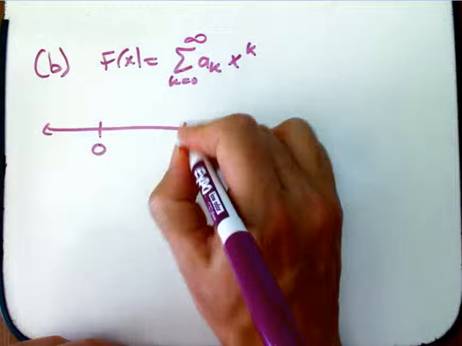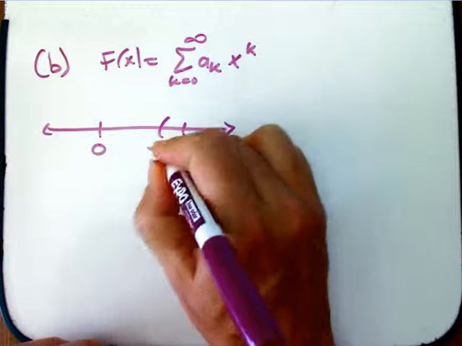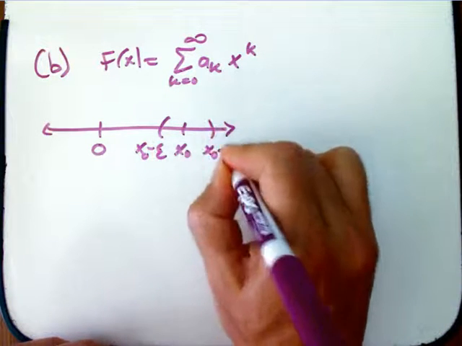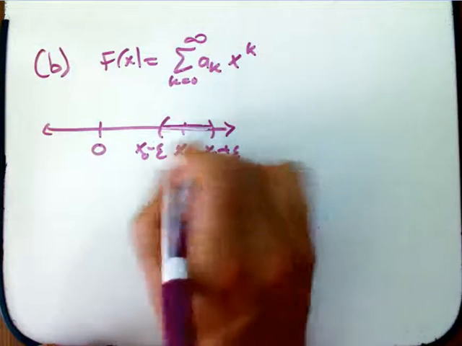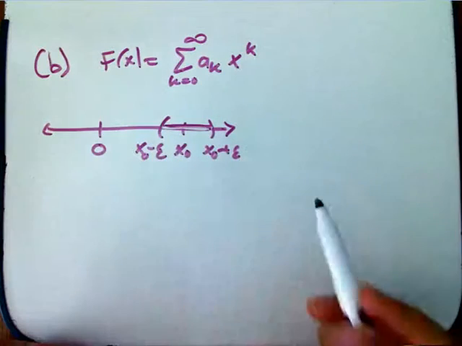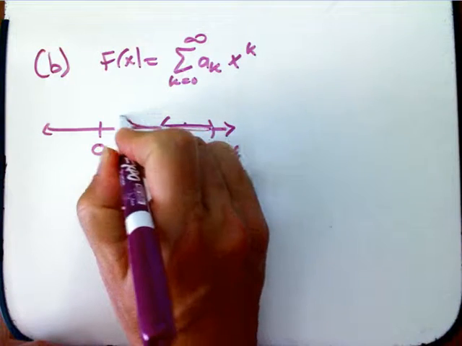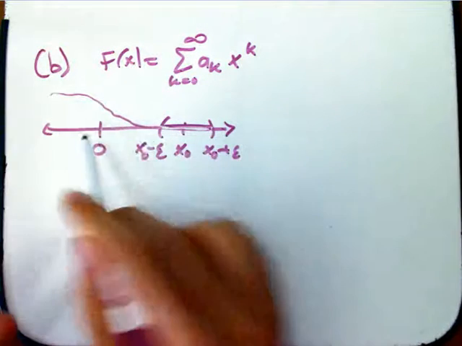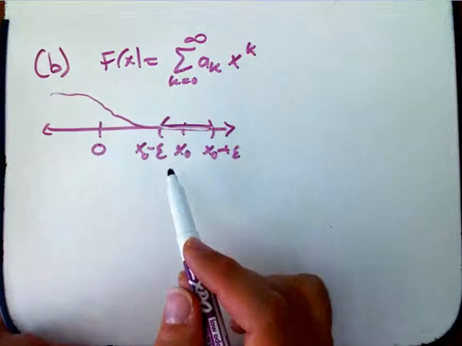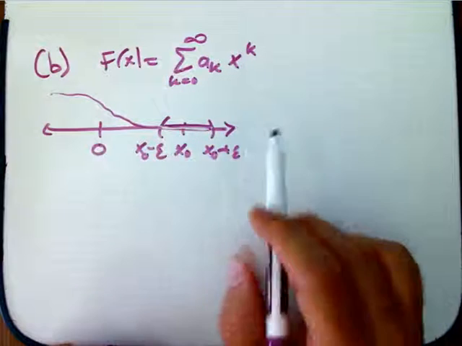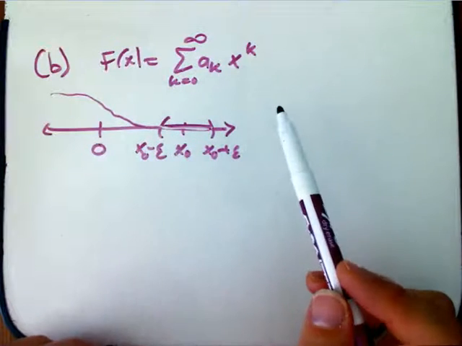And now let's assume there's some other little interval out here, x0 minus epsilon to x0 plus epsilon, on which the function is 0. Right off the bat, maybe I can't use that same argument, maybe it's doing interesting things here, and so it's all interesting and everything's good. Okay, but it doesn't take too much more work to show that this has to vanish as well.